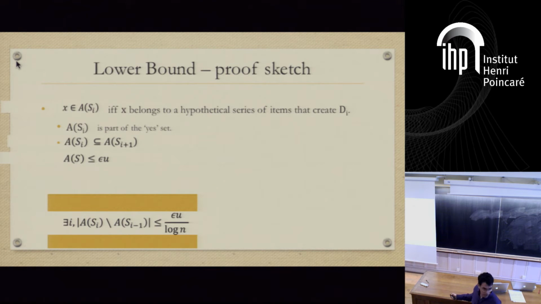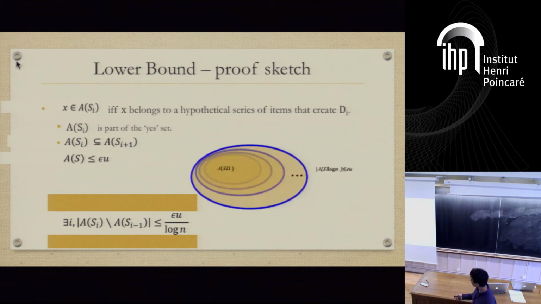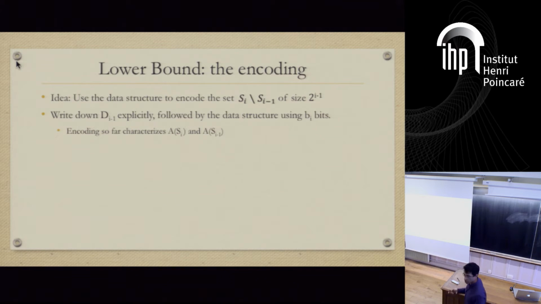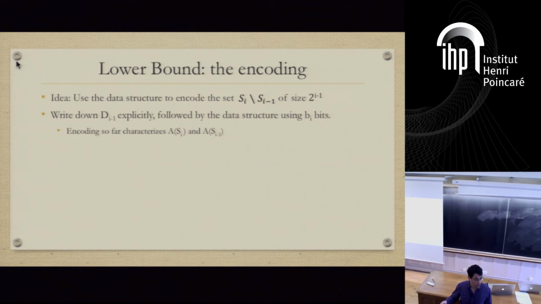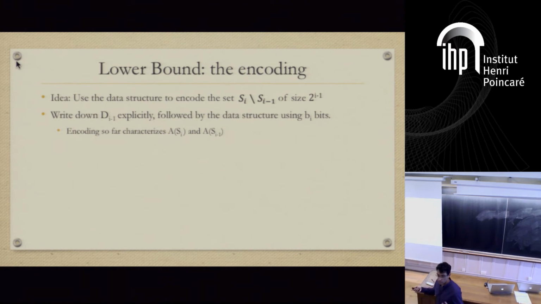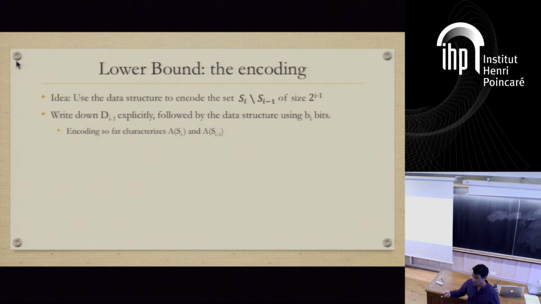So let's ignore that epsilon fraction and assume it's all contained in this set. Now what we have to do is just write down both data structures for the two times, before the epoch and after the epoch. And then from these, it is computable to compute these two sets, ASI and ASI plus 1.